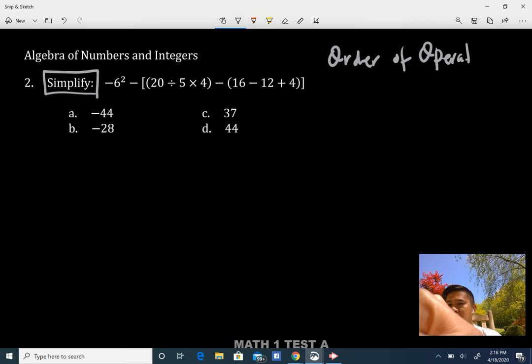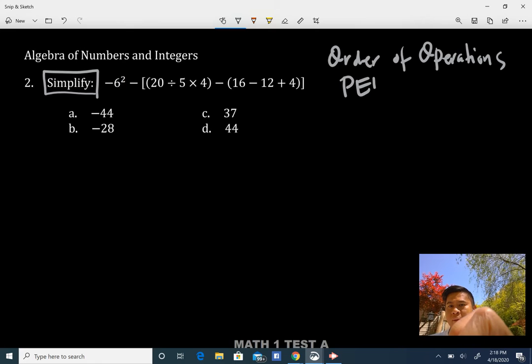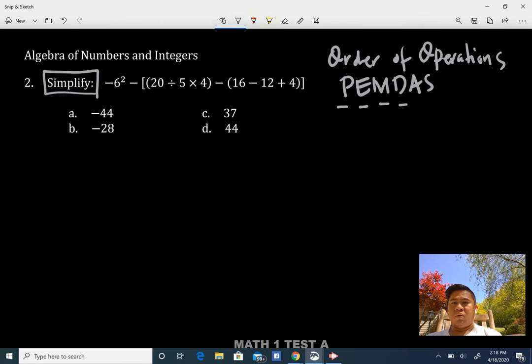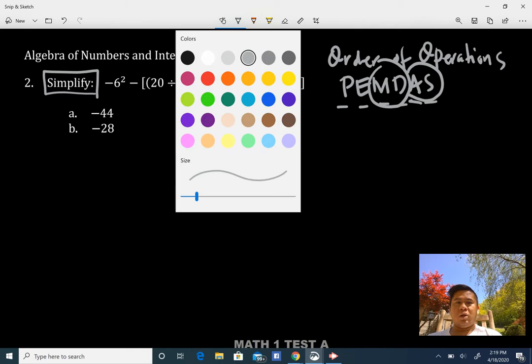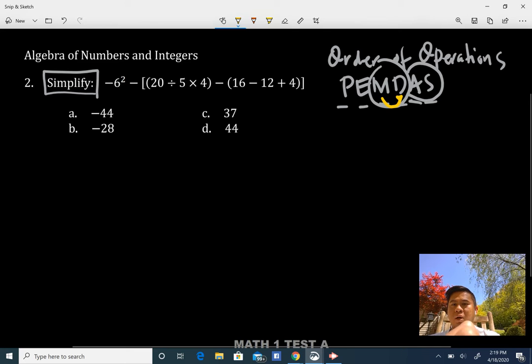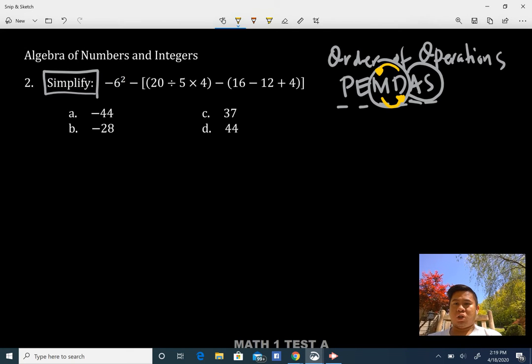In this case, we're going to use our mnemonic, which is PEMDAS, corresponding to parenthesis for P, exponent for E, multiplication and division for M and D, and addition and subtraction for A and S. Take note in here that multiplication and division can interchange, and addition and subtraction can interchange depending on the order of the operations in there.